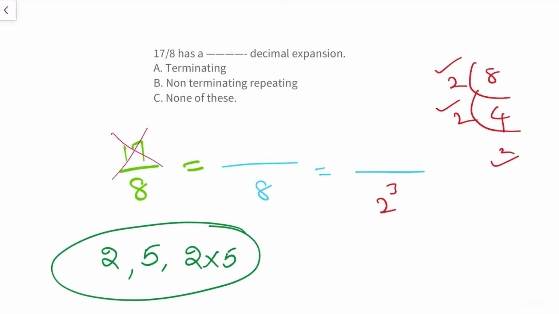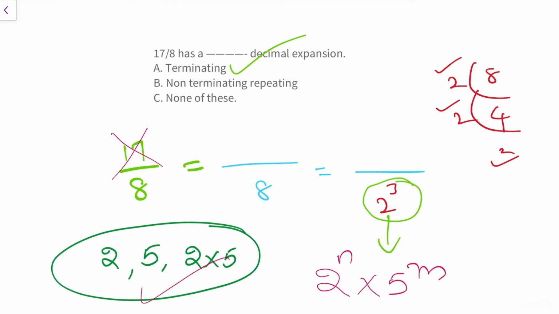And in this case we need not worry about the power, whatever it may be. Here if we observe the denominator, 2 power 3 is there, so the base is 2. So I can conclude that definitely it will have a terminating decimal. In mathematical statements we say, if the denominator is in the form of 2 power n into 5 power m, it is terminating. In simple way I said like this.